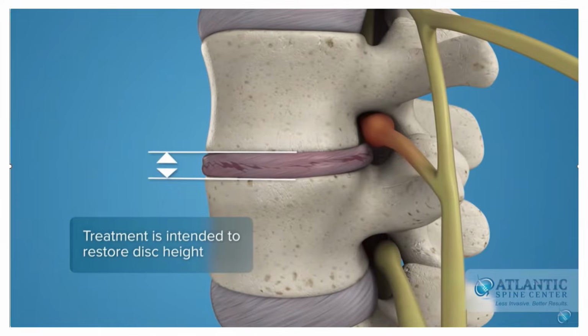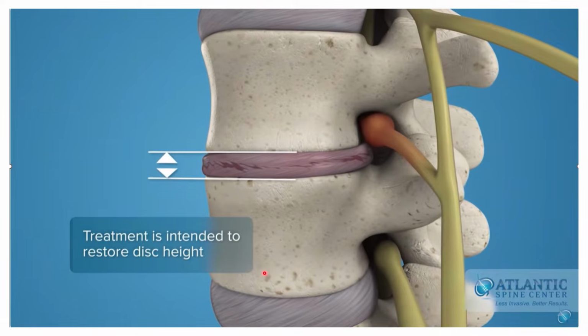Essentially, when a PLIF takes place, this is for treatment, and the intention is to restore the disc height. As you can see, the disc is kind of compromised. It looks like it's crushed or squished a little bit, and if you compare it to the disc at the bottom and the top, even the color looks off, and it's showing that something is not right.